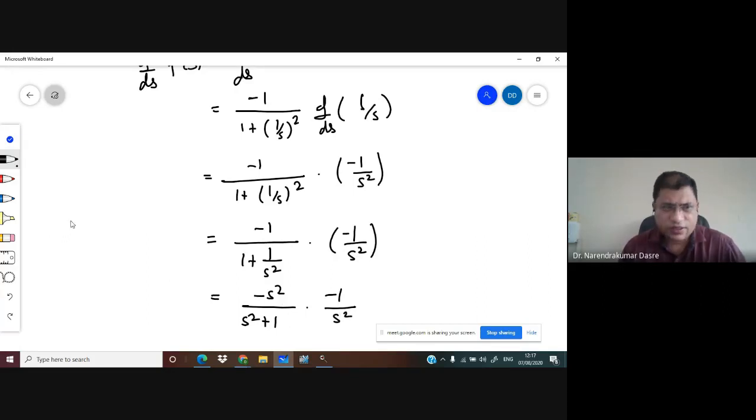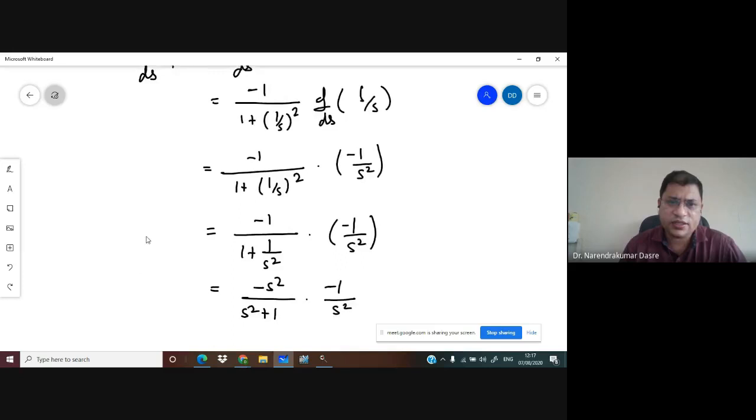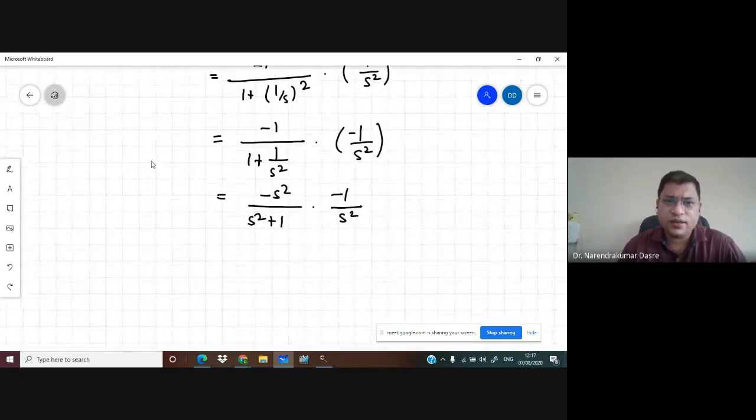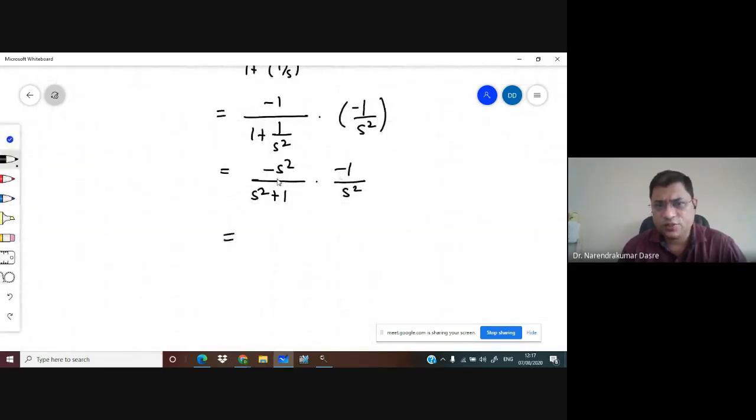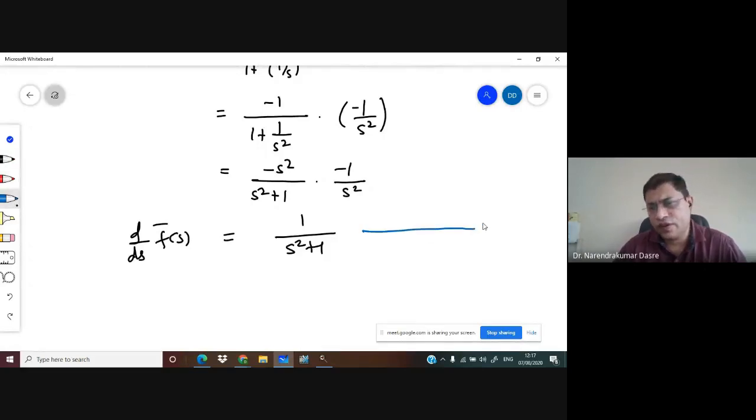So this s square and this s square will get cancelled, and this minus will become plus. So we get 1 upon s square plus 1, and this is d by ds of f bar of s. So here we complete our step 1.